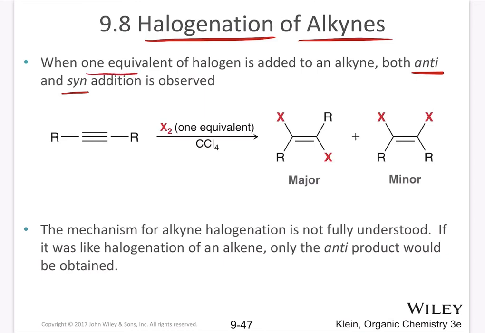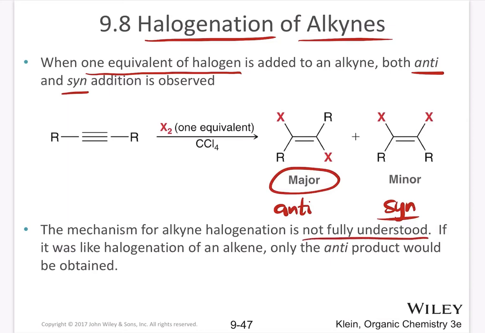So each equivalent of halogen results in anti-addition as a major product and syn addition as a minor product. It is generally not well understood why it happens that way. So what we know is that the anti product would be obtained in larger quantities.